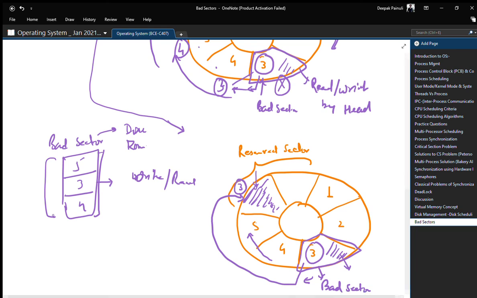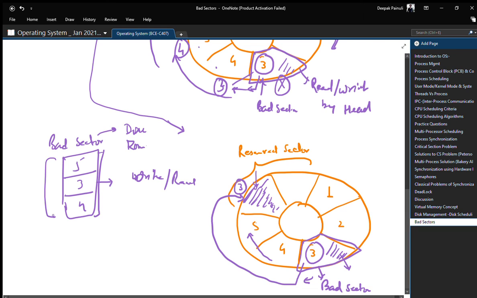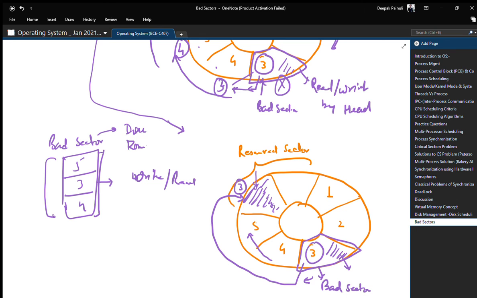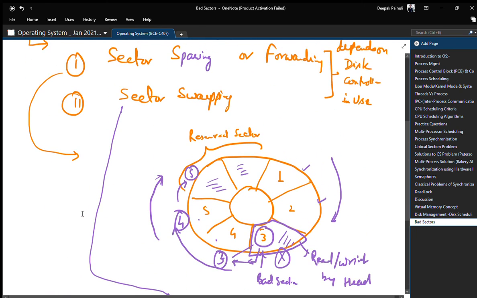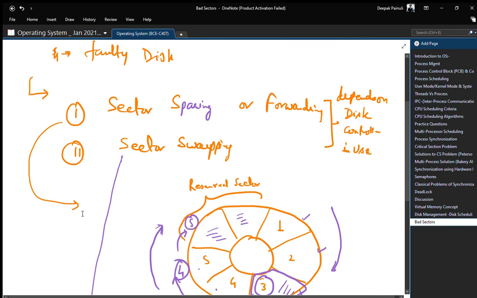And if after use some bad sectors have been created, then only it will use the sector sparing or sector swapping method, which is dependent on the disk controller, right? If the manufacturer defined in the disk controller that it has to use sector sparing or sector forwarding, then it will use sector forwarding or sector sparing.